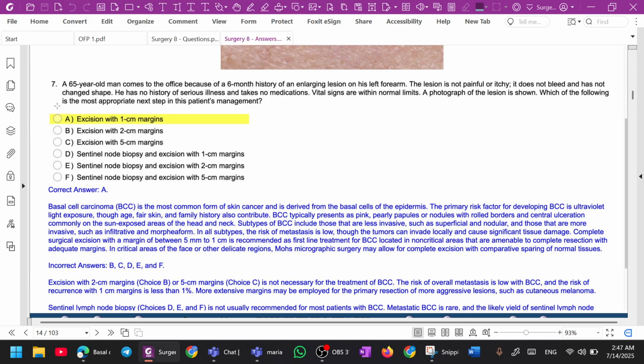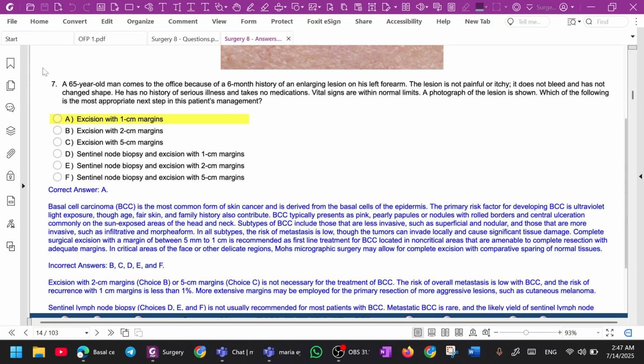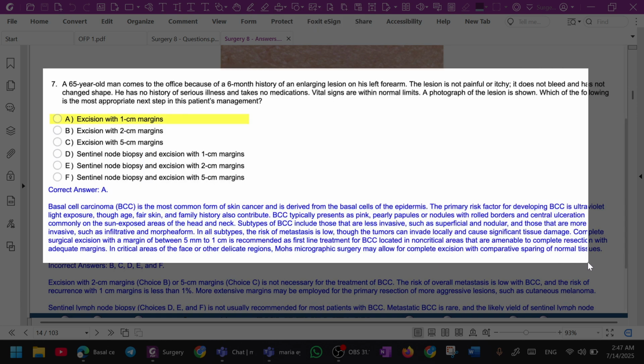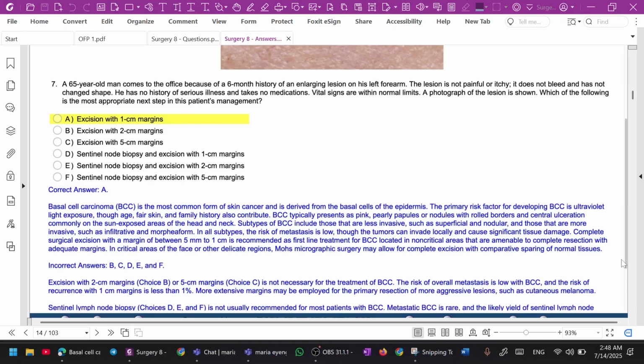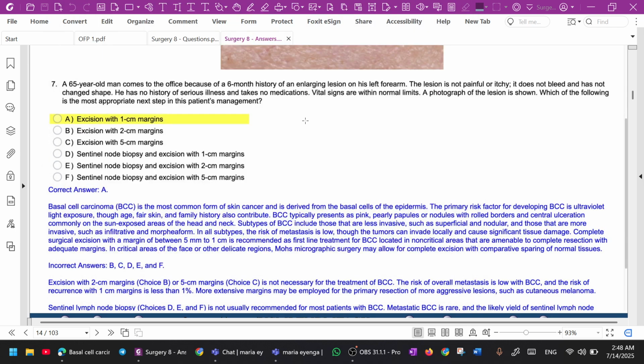I don't know what that means. Excision of 2 centimeters or 5 centimeters is not necessary for treatment of BCC. The risk of metastasis is low, and the risk of recurrence with 1 centimeter is less than 1%. More extensive margins may be employed for primary resection of more aggressive tumors such as melanoma.